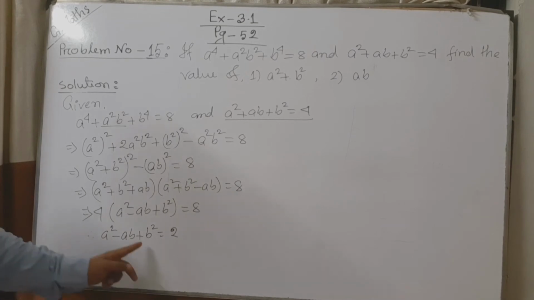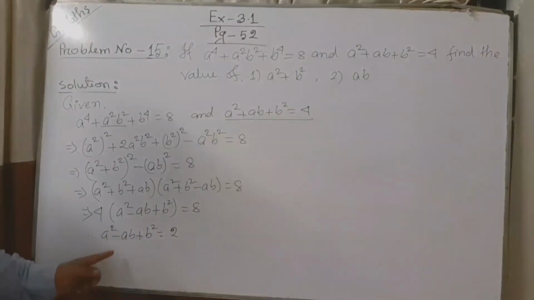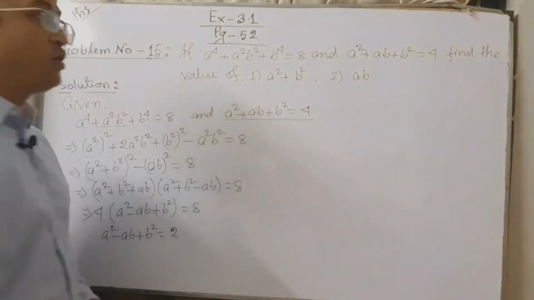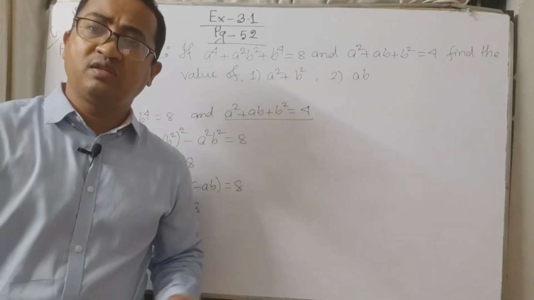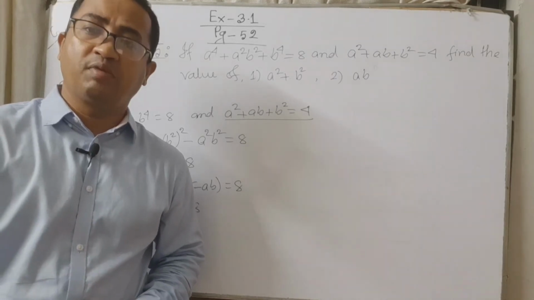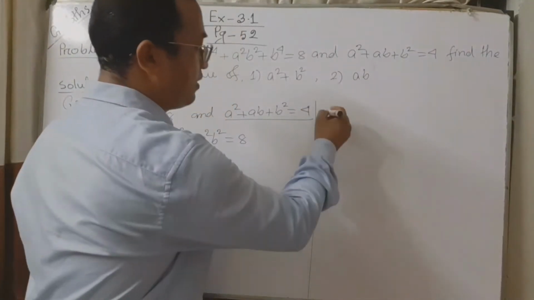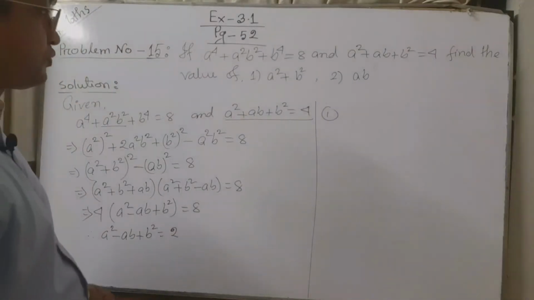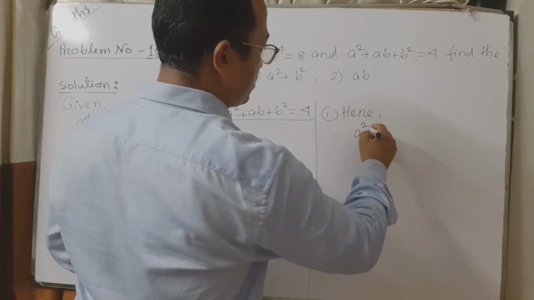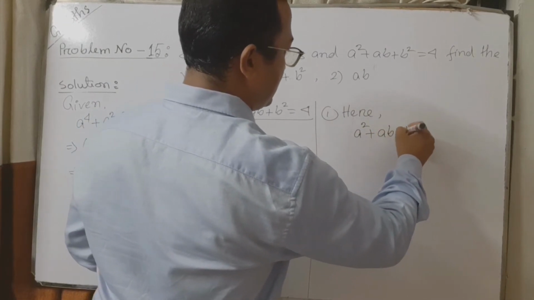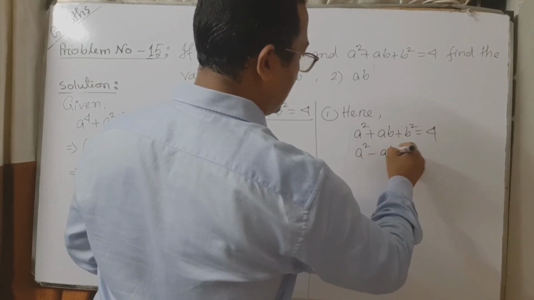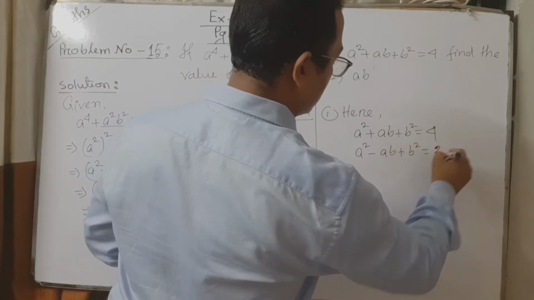So a square minus ab plus b square equal to 2 and a square plus ab plus b square equal to 4. From this we can find the value of a square plus b square and also ab. Now look, question number 1. Here a square plus ab plus b square equal to 4 and a square minus ab plus b square equal to 2.